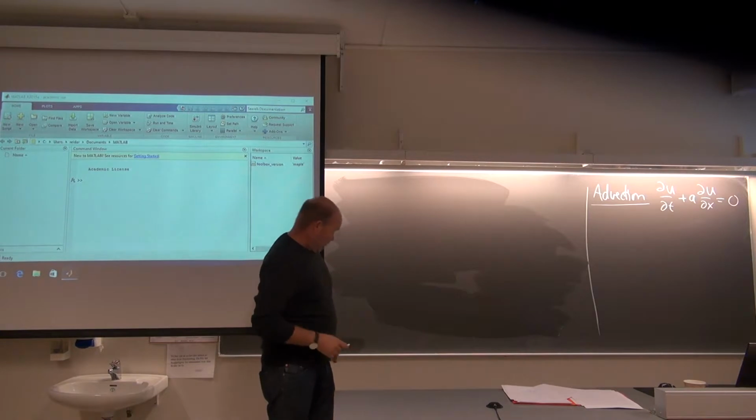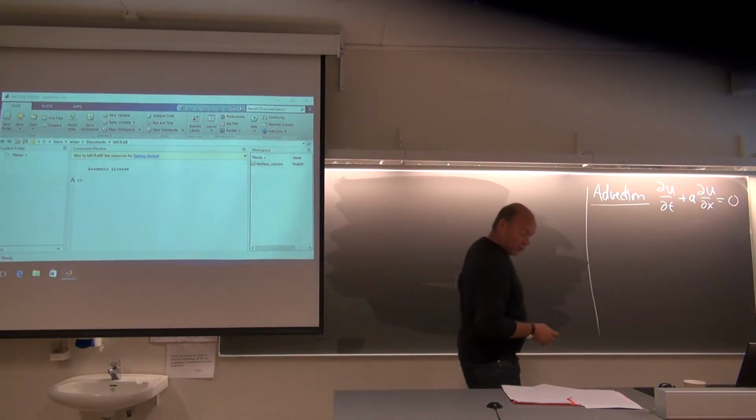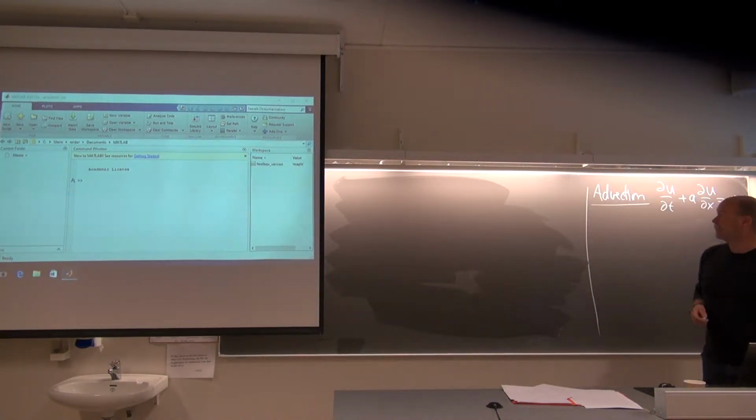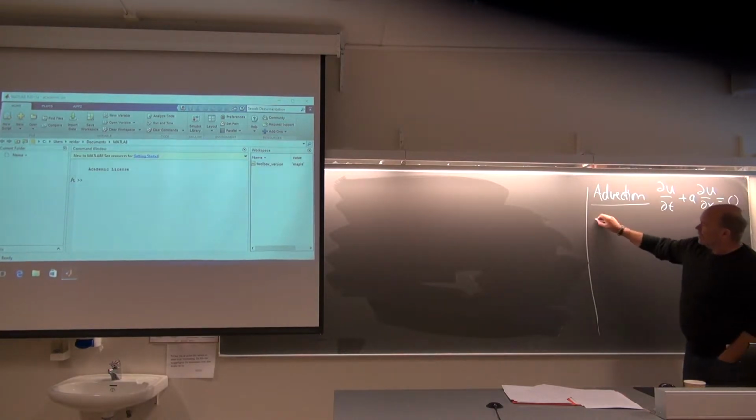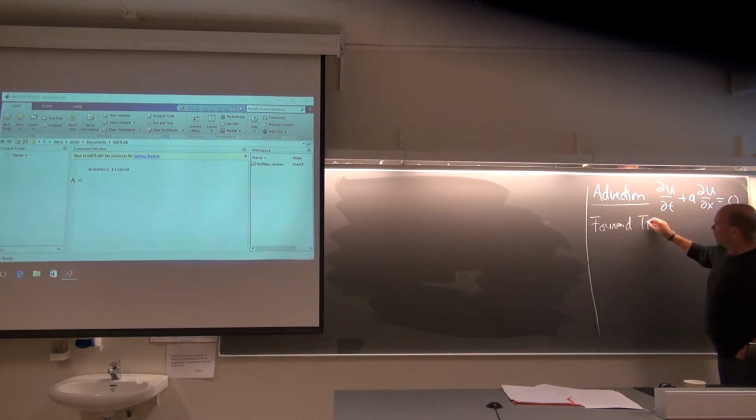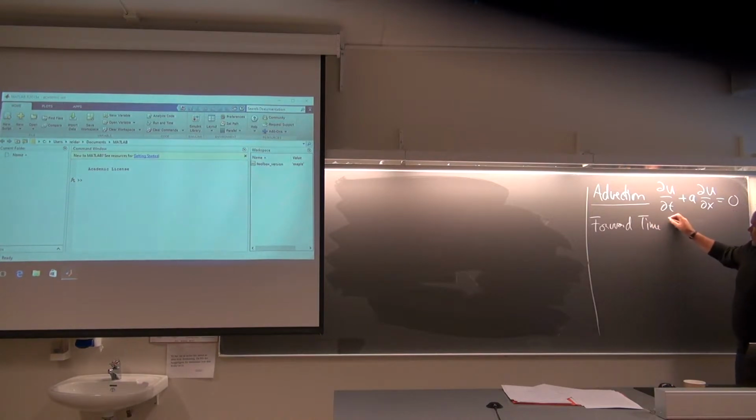Okay, we want to take this equation and crunch it numerically. We have to make a discretization of it, and I choose the simplest: forward time, central space.